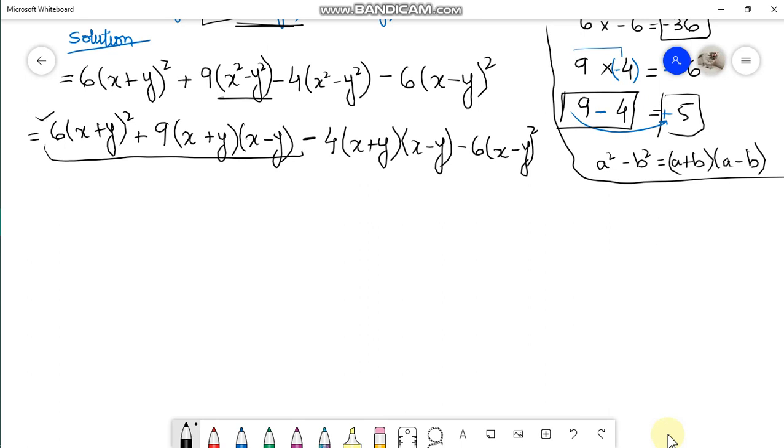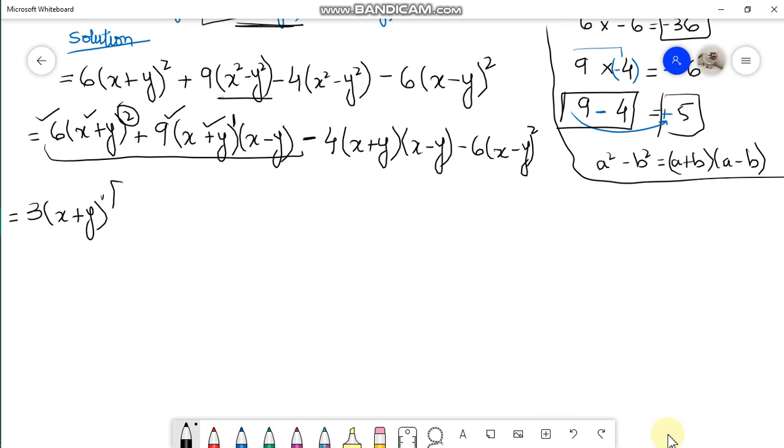Since I have 6 and 9, and the positive bracket is common, the common thing is 3, because 6 and 9 both can be divided by 3. And (x plus y) is also common, because two brackets of (x plus y) are present in the first term and only one bracket is present in the second, so one bracket is common.